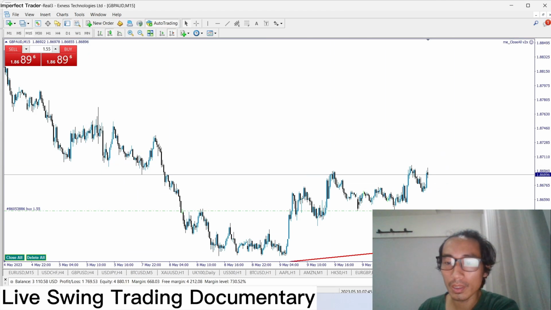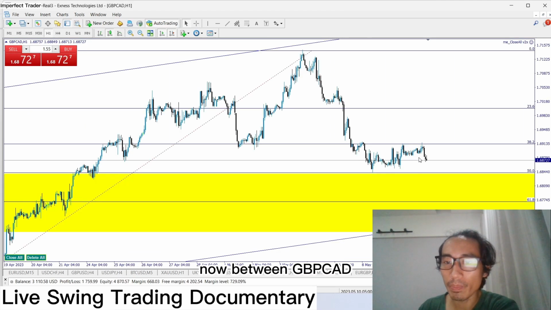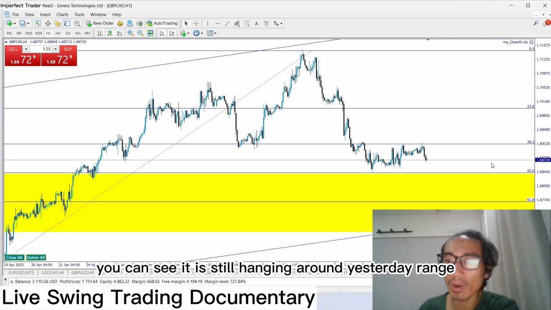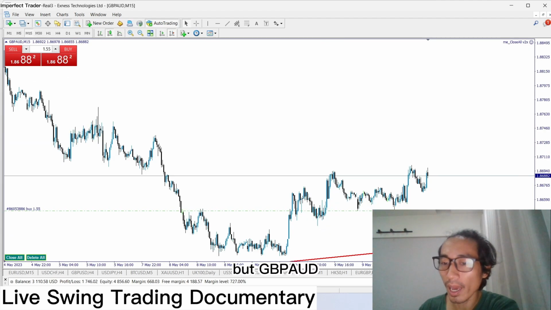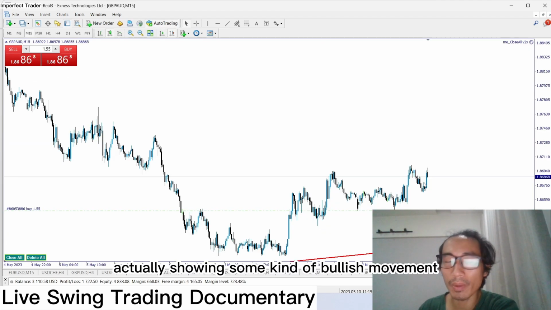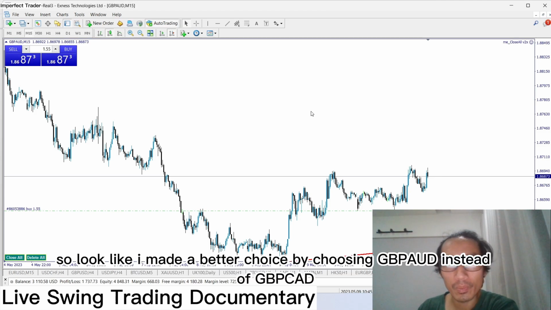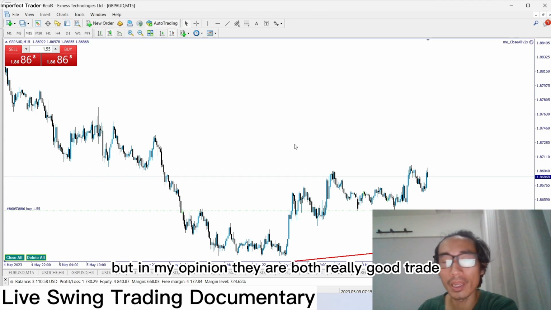Between GBP CAD and GBP AUD, GBP CAD is still hanging around yesterday's range, but GBP AUD is showing some kind of bullish movement. Looks like I made a better choice choosing GBP AUD instead of GBP CAD. But in my opinion, they are both really good trades.